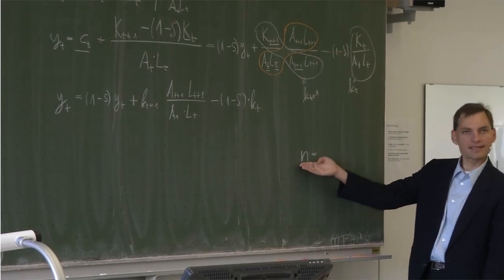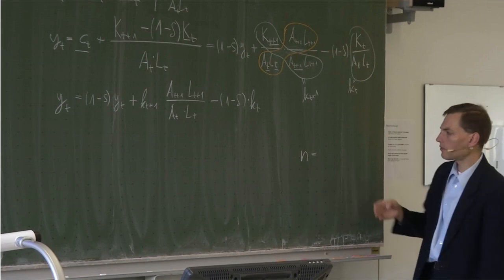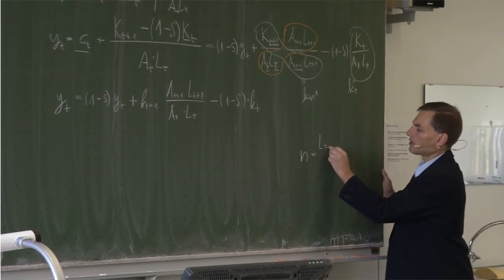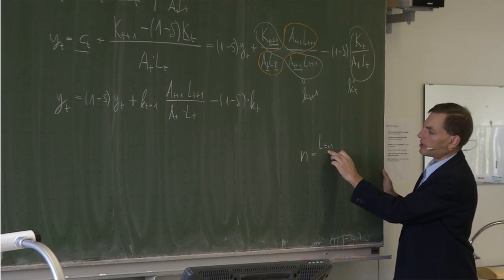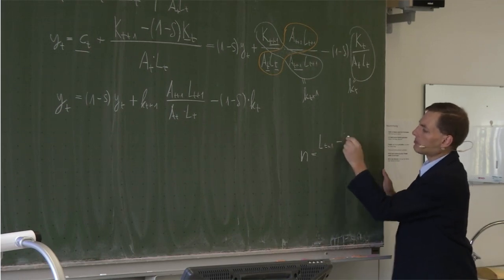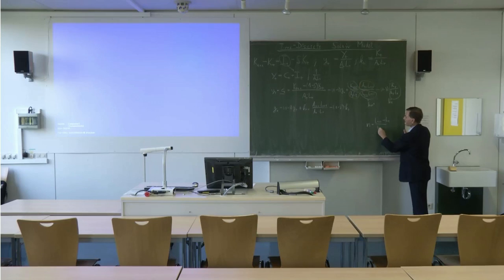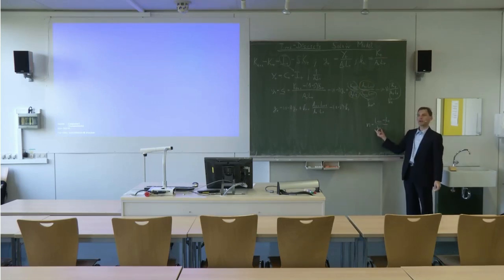And the little n, as I already told you in one of the previous lectures, is the change of the population, the labor force, in period t plus 1 minus in period t, divided by period t. The change of my variable divided by the variable is always a growth rate.